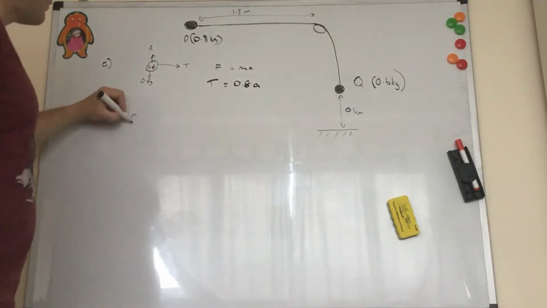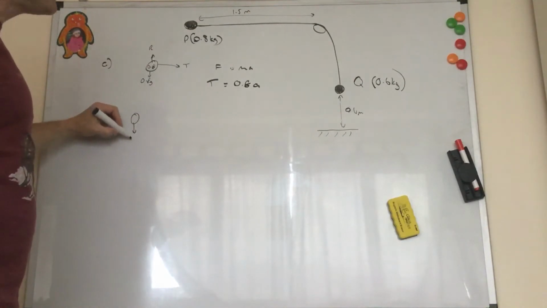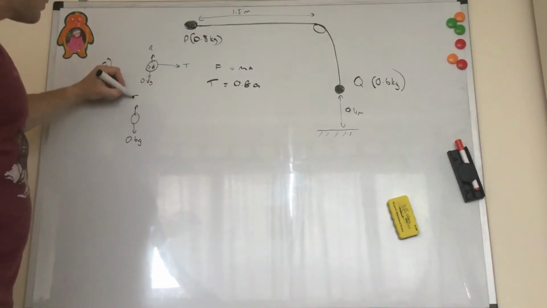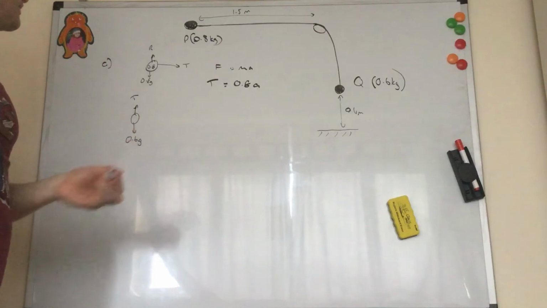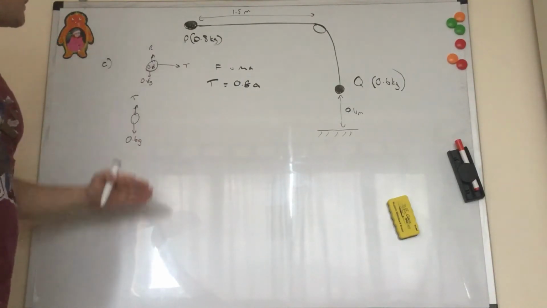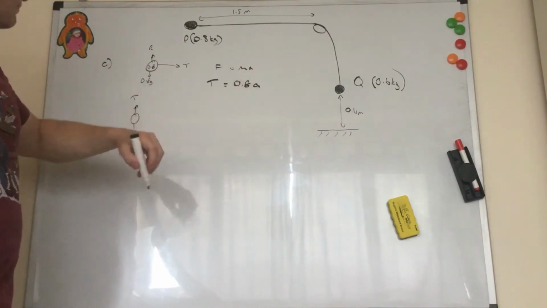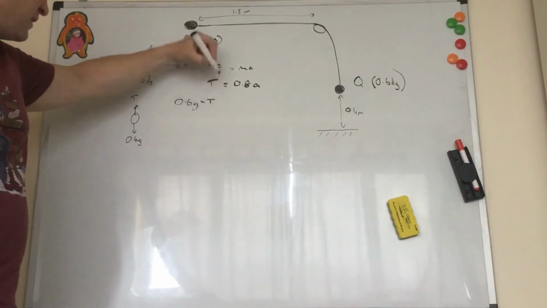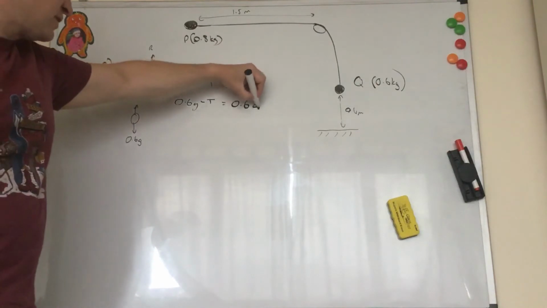Now we look at Q. It's got a weight of 0.6g going down, and it's got the tension decreasing the acceleration downwards. It's accelerating downwards, so the 0.6g is bigger. So F equals ma gives 0.6g minus T equals mass 0.6 times the acceleration.